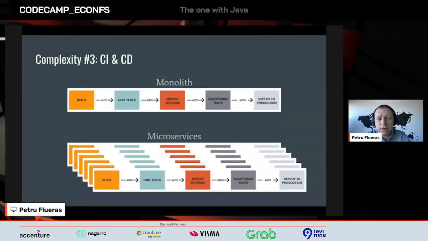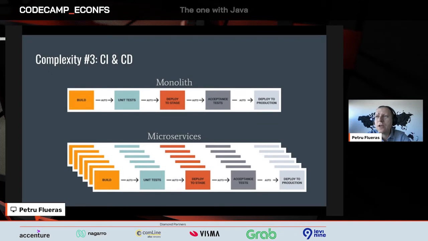With the monolith, it's typically one single pipeline. You have all the steps of the deployment pipeline, like the build, the unit test, deployment to the stage environment, acceptance test, and deploy to production. This is pretty easy and doesn't require a lot of people to maintain it. If we go with the microservices, we'll have plenty of these CI/CD pipelines.